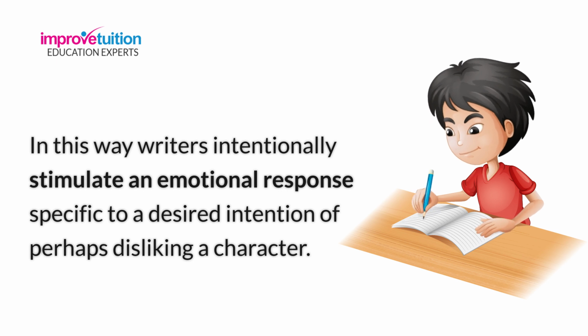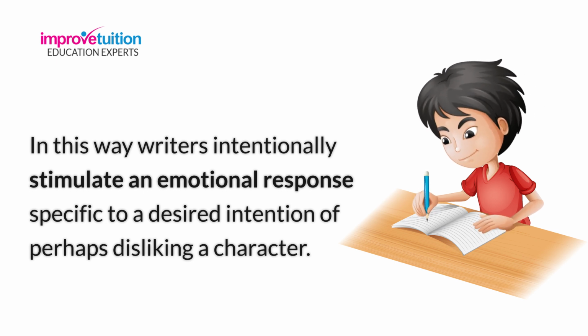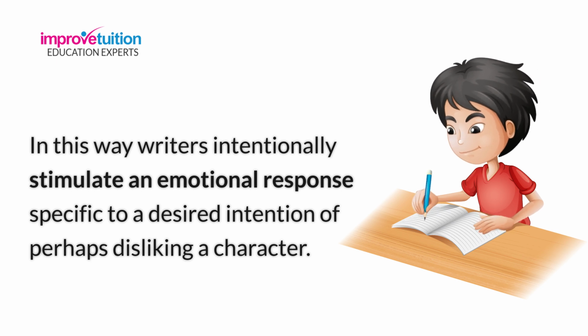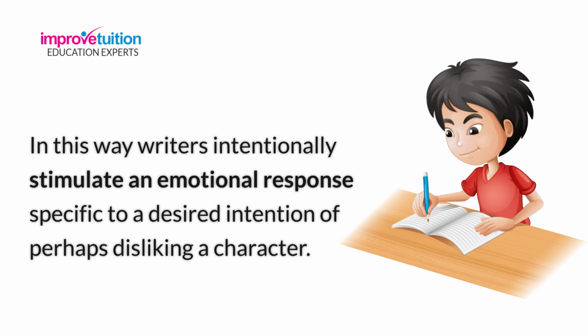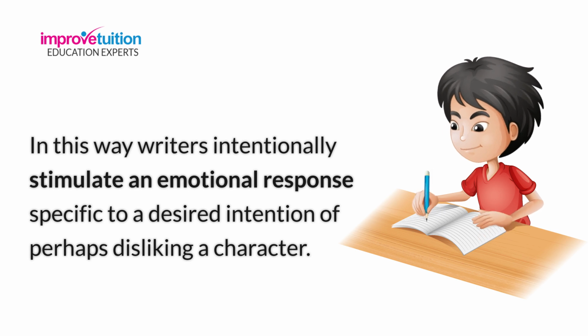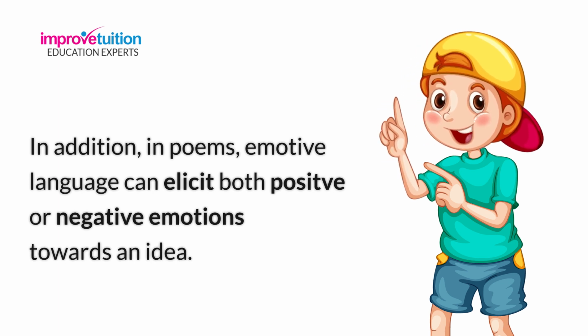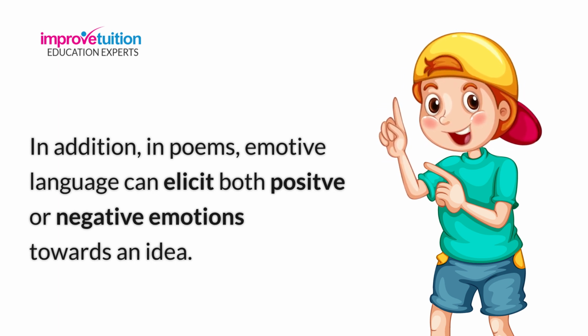If you like the character, they'll most likely be able to relate to you, and you'll be able to empathize and therefore take the side of that character. And a writer will deliberately choose words, emotive words and phrases, so that you dislike a character. In addition, in poems, emotive language can elicit both positive and negative emotions towards an idea.